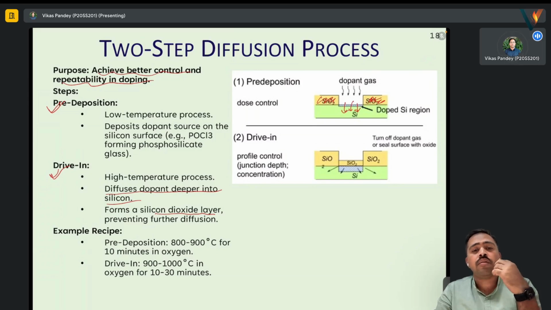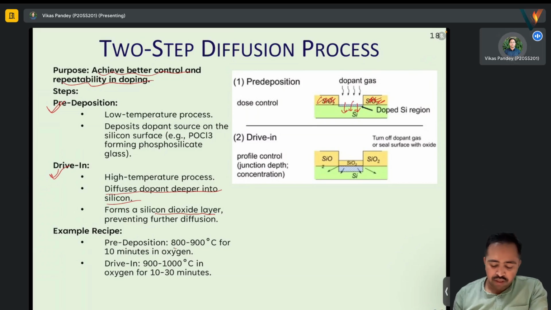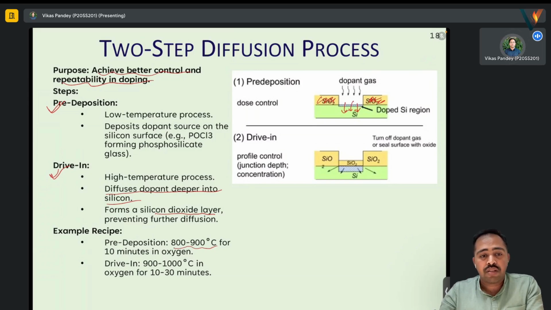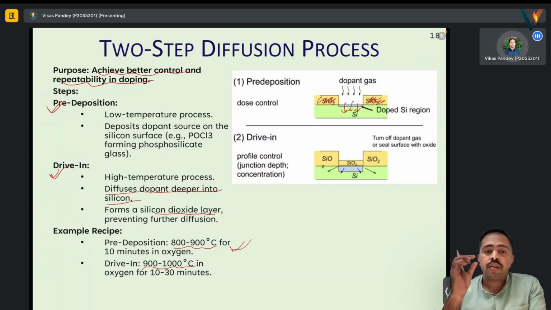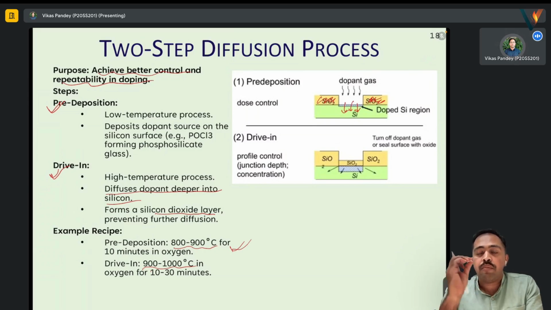For example, a pre-deposition can occur at something around 800 to 900 degrees Celsius for 10 minutes in oxygen, and then the drive-in can occur at 900 to 1000 degrees in oxygen for 10 to 30 minutes. So you see the pre-deposition step is at a lower temperature as well as for a lower time period, where we are creating the concentration gradient.